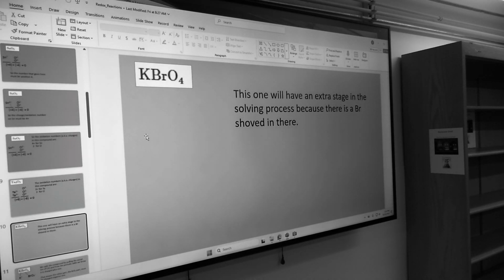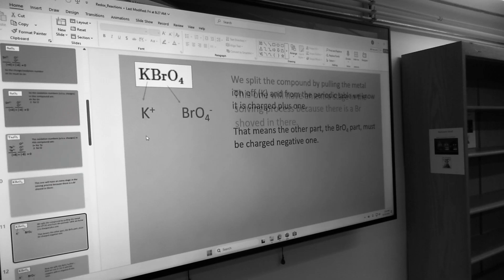Okay, this one, you kind of have to recognize that you've got a polyatomic ion there. I will give you the list of polyatomic ions on the test again. You just have to recognize it. The first step here is to split the potassium off from the BrO4. You know that the potassium is +1. But that tells you, since it was neutral to begin with, there's no charge up here in this right-hand corner, then you know this has to be -1 if this is +1.